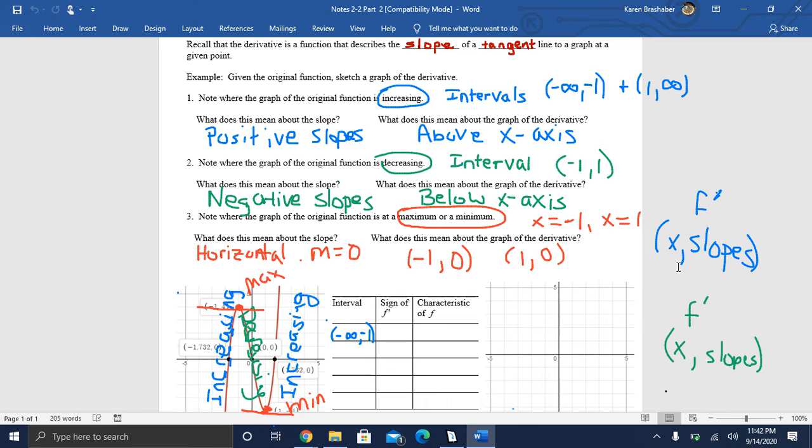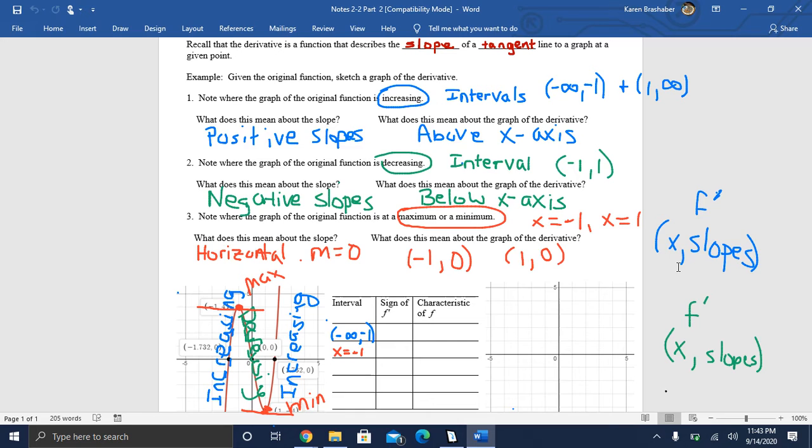Now I include in the intervals a place for us to put what's going on at the right hand value when it's a number. So I would want to know what's going on at x equals -1. And I realize that's not an interval, but this is a nice row to have in your table.